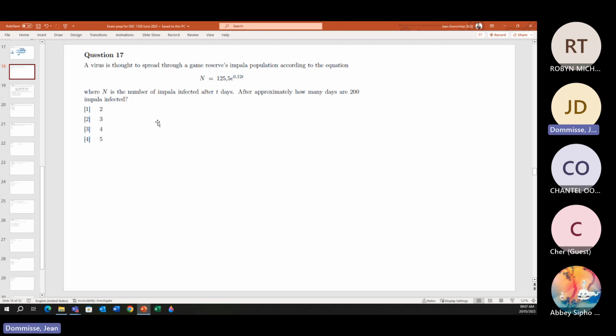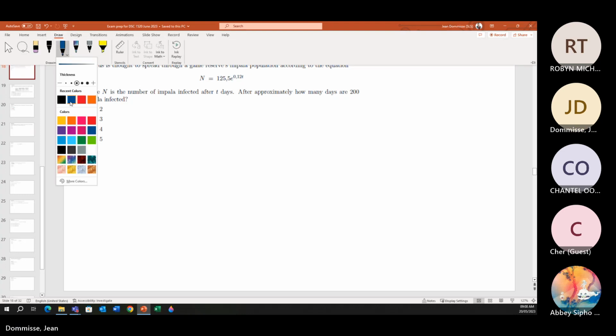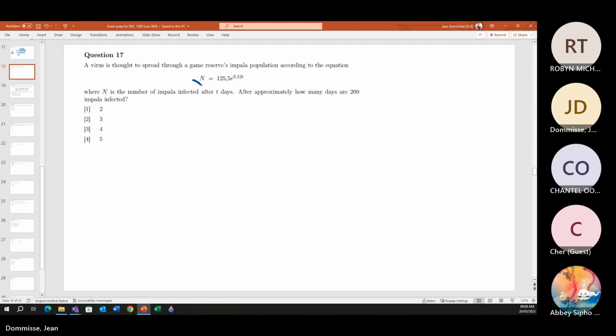Now it becomes a little bit more difficult. So here they ask us, a virus is thought to spread through a game reserve impala population according to this equation, where n is the number of impala infected after t days.